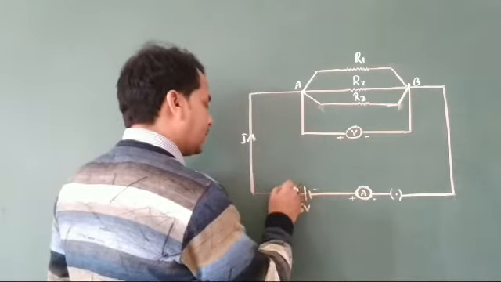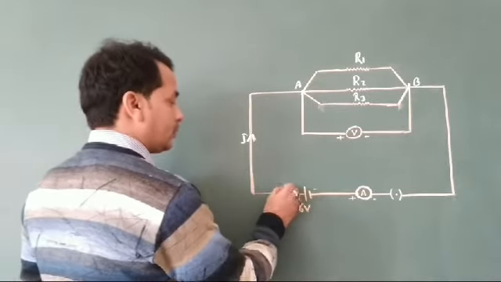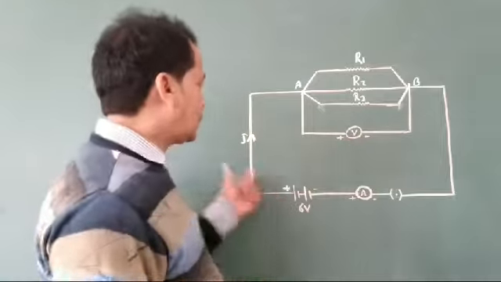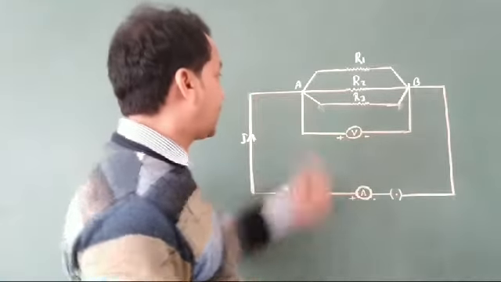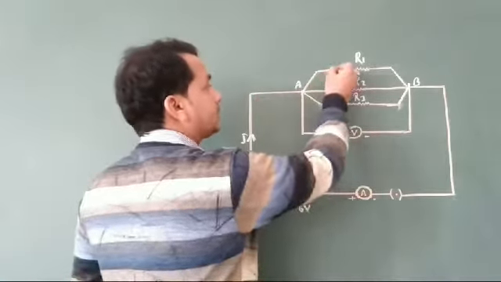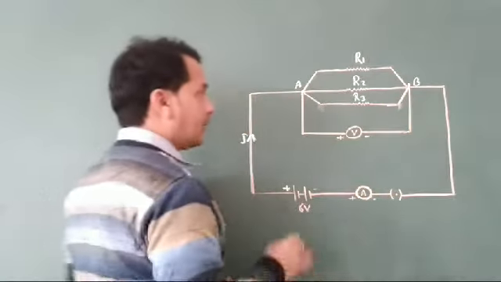The electric current flows from the positive terminal to the negative terminal. So the current divides into the three resistors R1, R2 and R3.